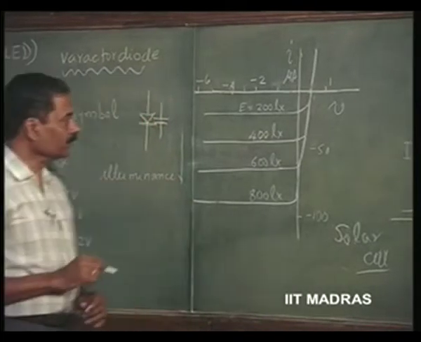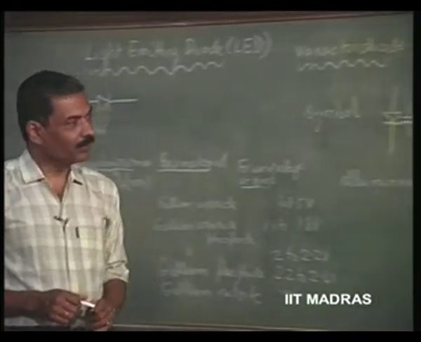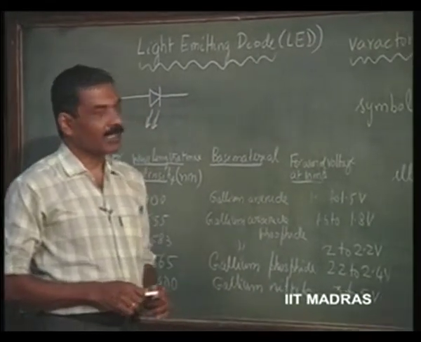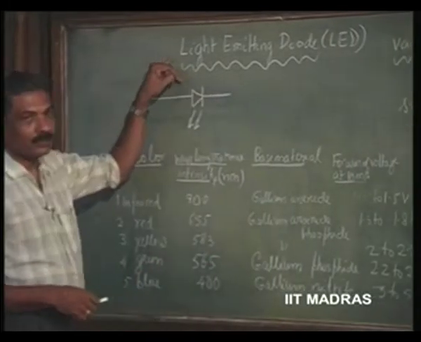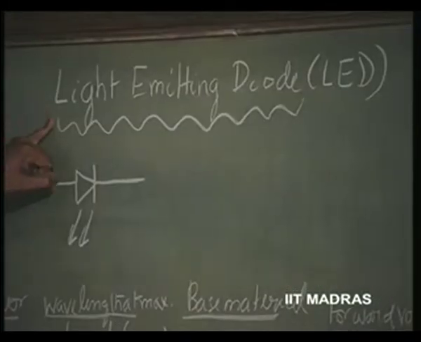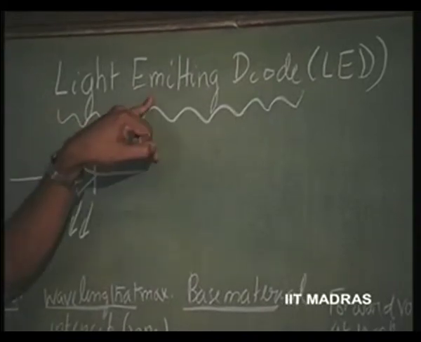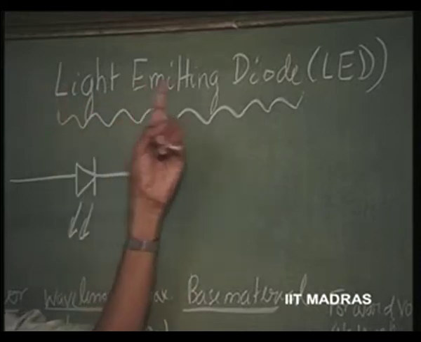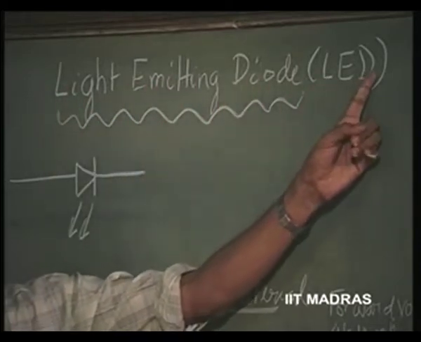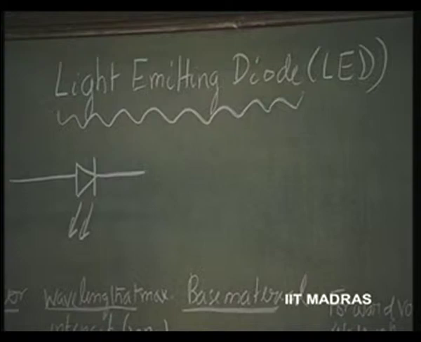Now, let us go to another diode, which is almost a counterpart of this photodiode. This is called the light emitting diode, or LED, popularly known as light emitting diode.